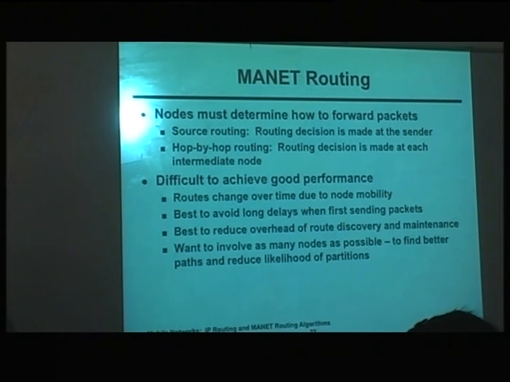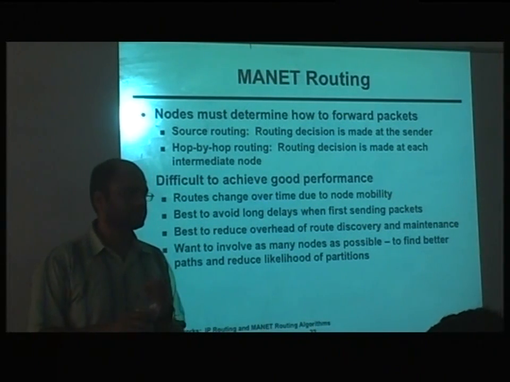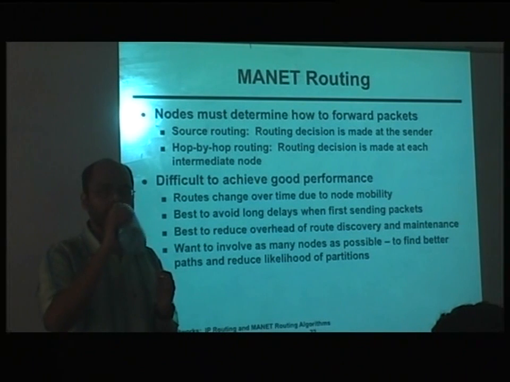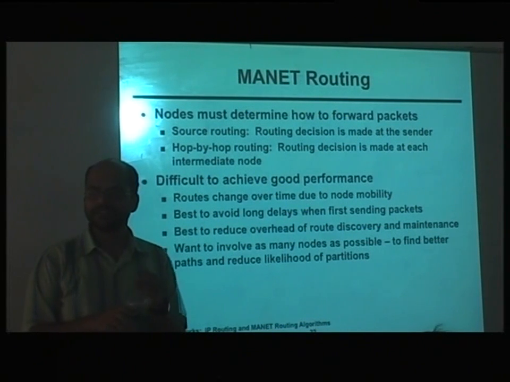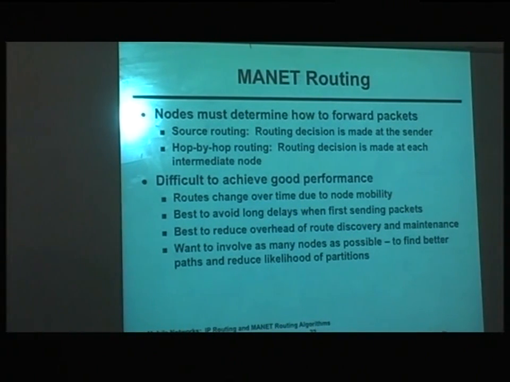If I just focus on a few nodes, what will happen? If I just use some of the nodes always for the routing, what will happen? The overhead, the traffic would increase on those nodes. So the system would receive many more collisions.